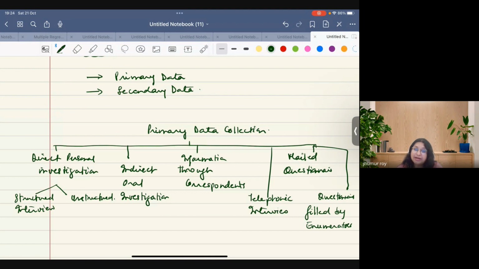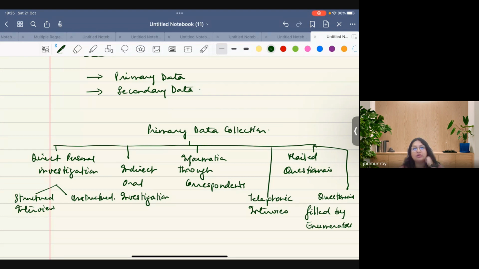Now, the last one is the best method and the most frequently used method, where we say questionnaires filled by enumerators. Now, whenever we talk about questionnaires, we say that there are two types.